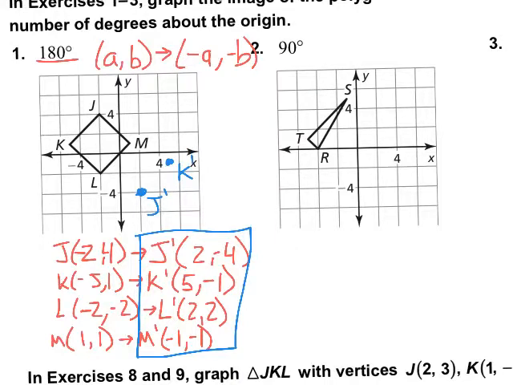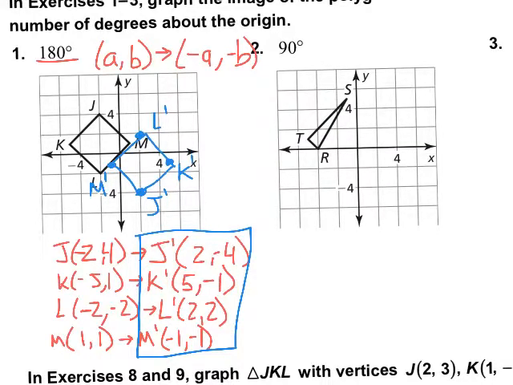L prime is 2, 2. So there's my L prime. And then M prime is negative 1, negative 1. So there's my M prime. So there's my new shape. Okay, so you guys go ahead and try number 2. Pause the video, try number 2, and then you can unpause it when you're ready for me to go over it.